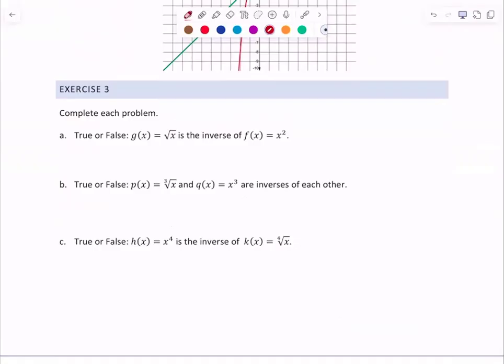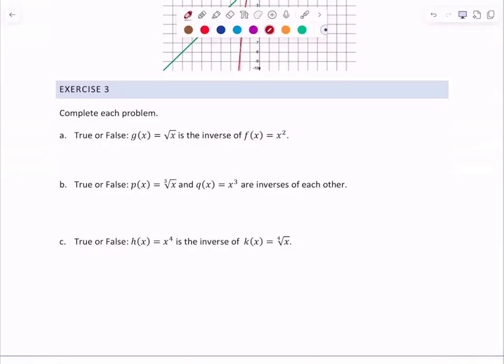True or false? We have the square root of x is the inverse of x squared. Well, we talked about this early on. What we have been talking about, one-to-one, the assignment, the inverse has to be what? The reverse assignment. Is x squared one-to-one?